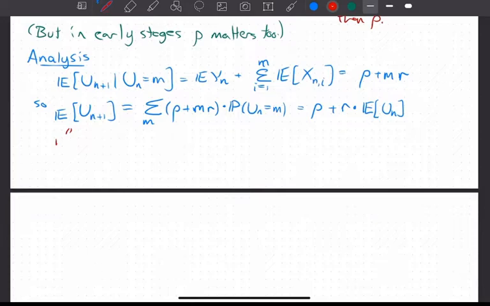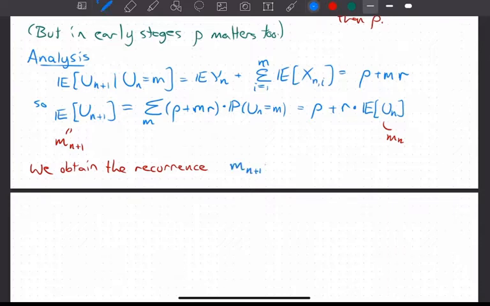So if I call the expected number in generation n m_n, then we have the following recurrence, which we want to solve, and then plug in numbers and see what we get. m_{n+1} is rho plus r times m_n, with some initial condition: m_0 is some value k.